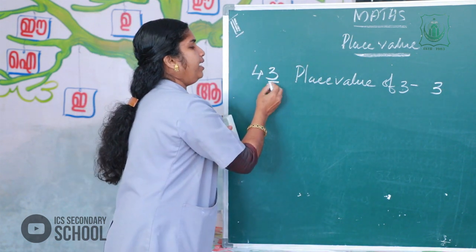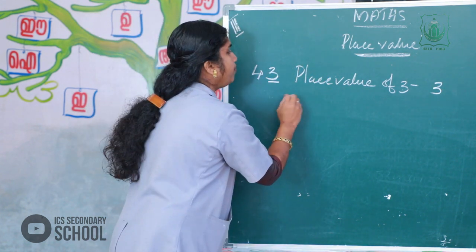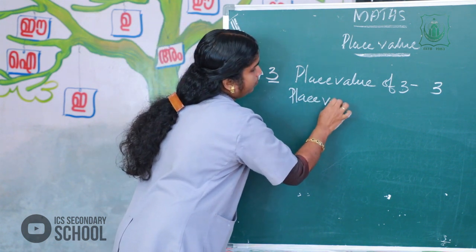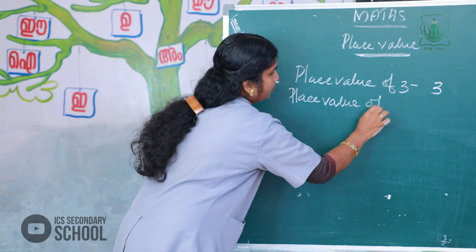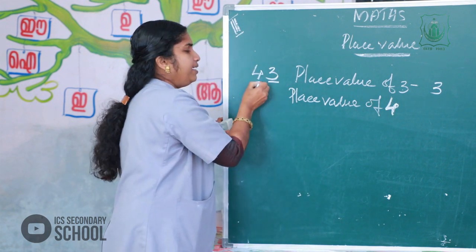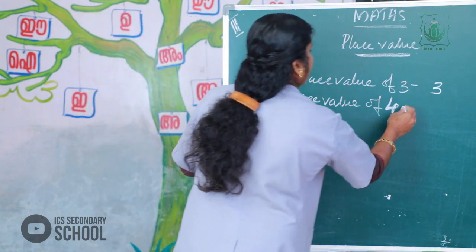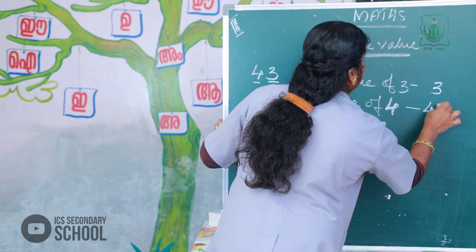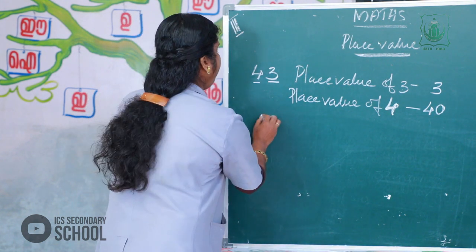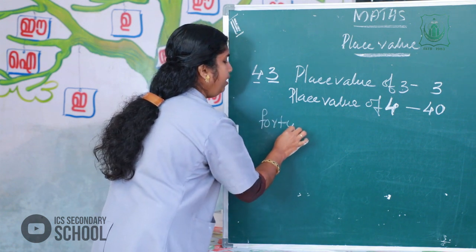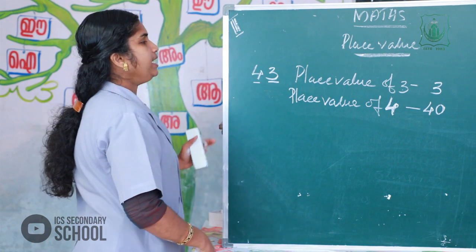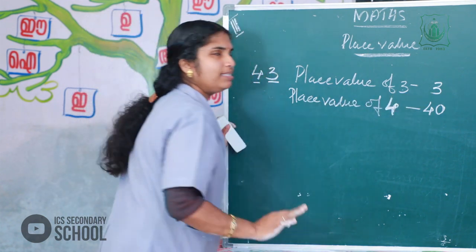The place value of 4: which position? 4 is in the 10 position, so 40. What is the spelling of 40? F-O-R-T-Y. Okay, yes.